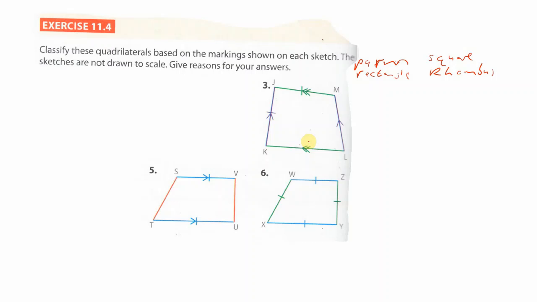Those all have two pairs of opposite sides parallel. But now what we see is we have sides with the same length, namely JK and JM, as indicated by the one line. Now in a parallelogram, we know the adjacent sides are not necessarily equal. So it can't be a parallelogram.